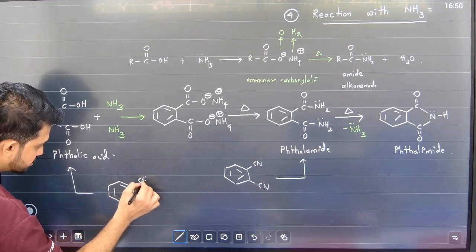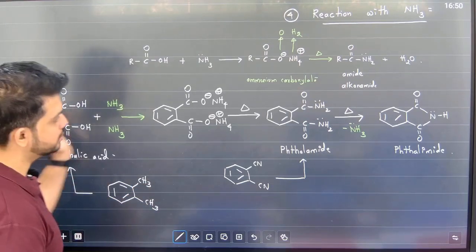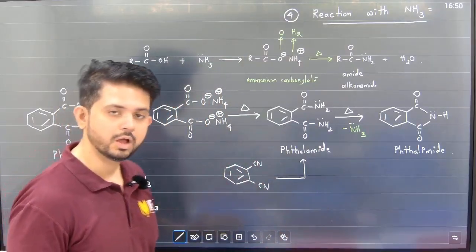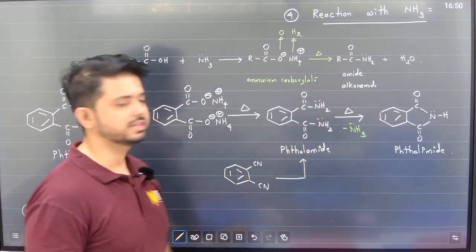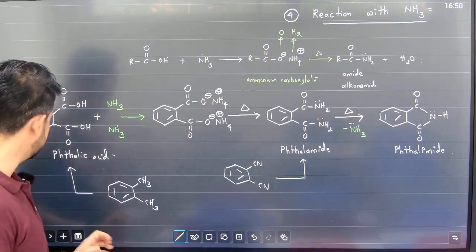Give your answers, students, in the comment section. How do I convert orthoxylene to phthalic acid? And let's say do this reaction, or I start from 1,2-cyanobenzene and reach phthalimide. So this was the next reaction, which is reaction with ammonia.